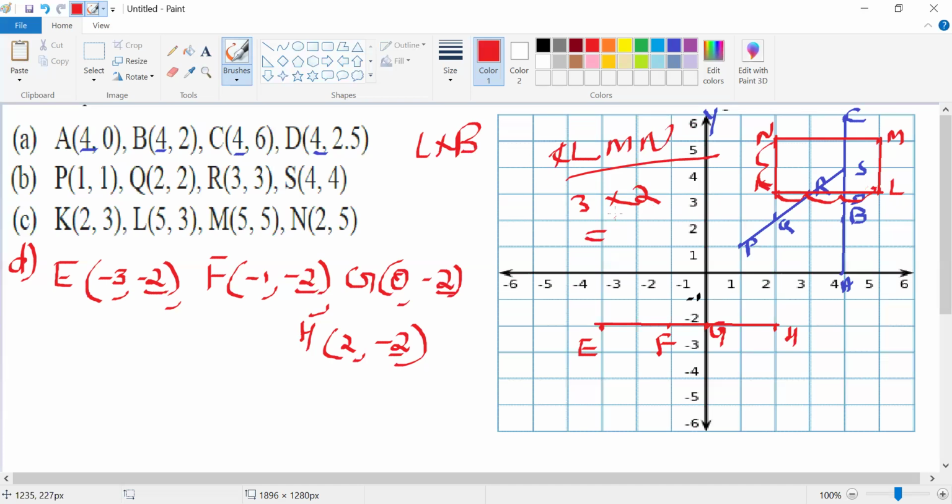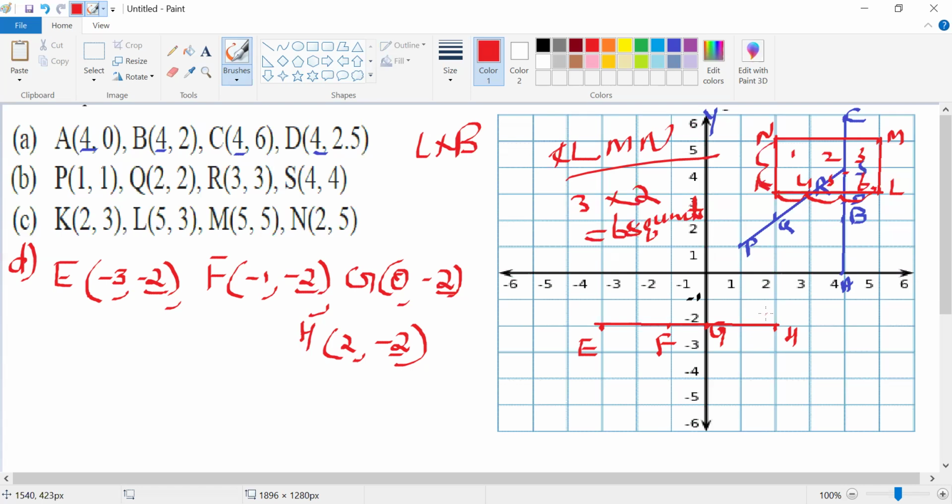So 3 into 2, 6 square units. Or you just count the squares inside. 1, 2, 3, 4, 5, 6 squares you are getting. So whatever shape you get, suppose you are getting a triangle and you want to find the area, you can just count the squares inside that and you will get the area.